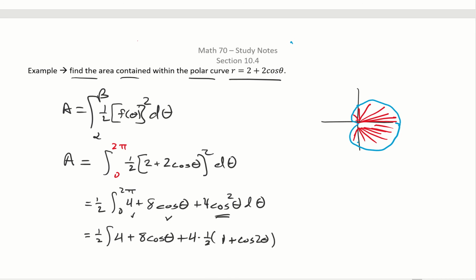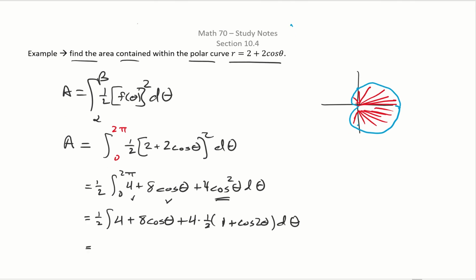That's what we did way back at the beginning of the semester: we used an identity from trig to enable us to integrate. So we got the 1/2 here, and we've got the 4 and the 8, and all I'm doing is cleaning things up. Now that's a 2, right?